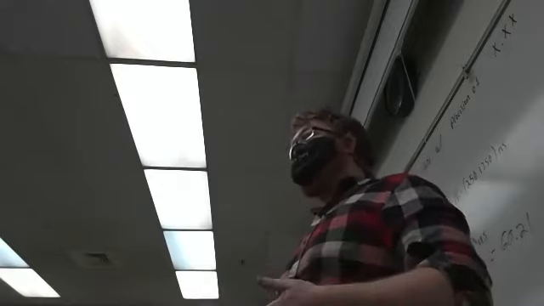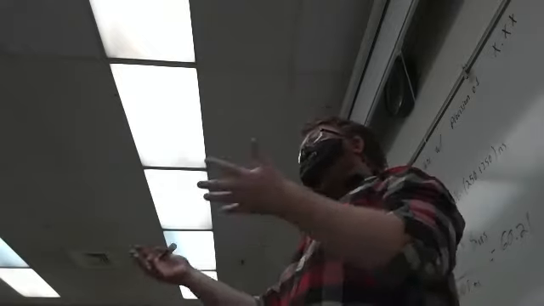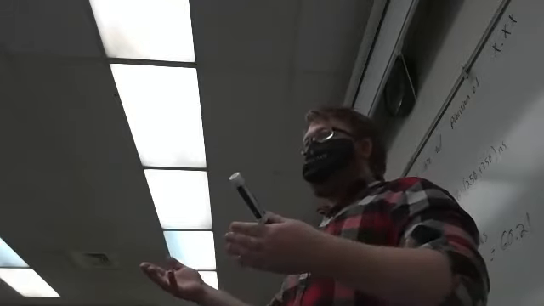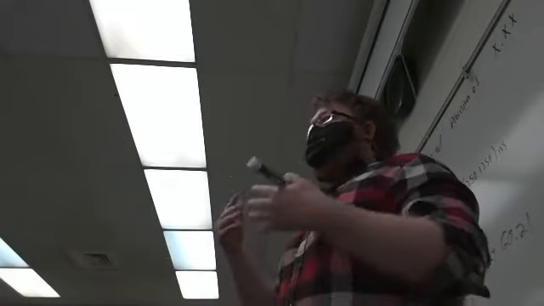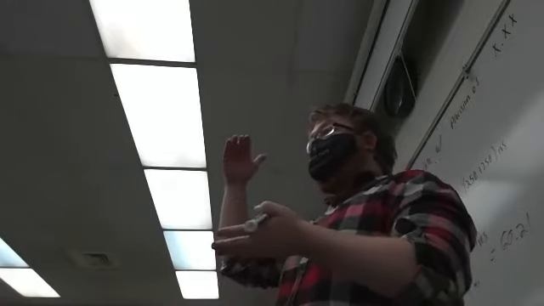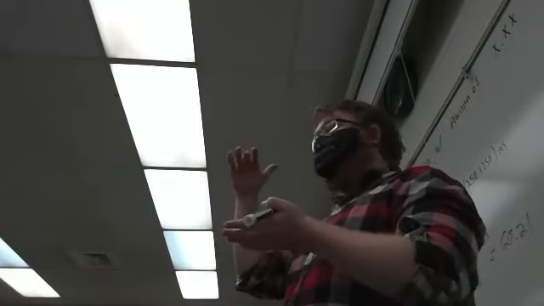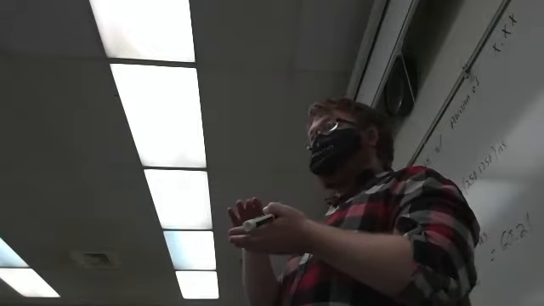because certain ADCs, depending on the way they work, will use circuit reuse where they go, is this bit higher or lower than the midpoint? If it's higher, it produces a 1. If it's lower, it produces a 0, right?